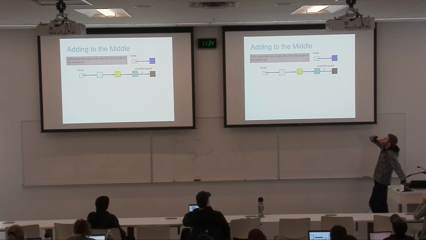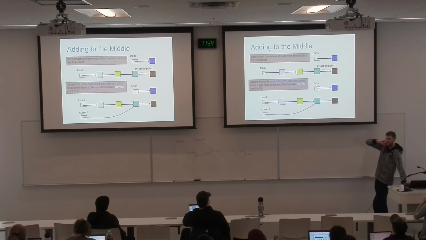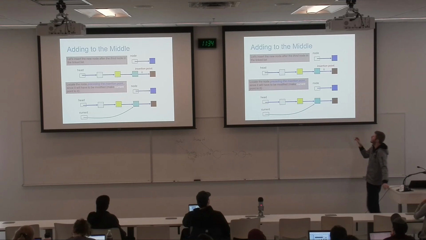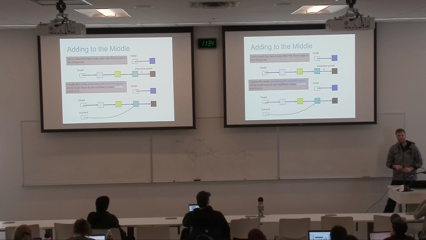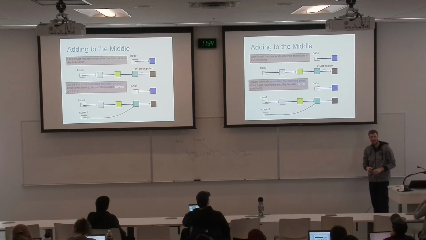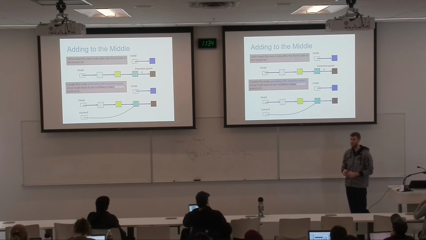Think for a second. Obviously, what I'm going to have to do is update these pointers. That's not a mystery. But take a second and think, because the order is going to be very important.